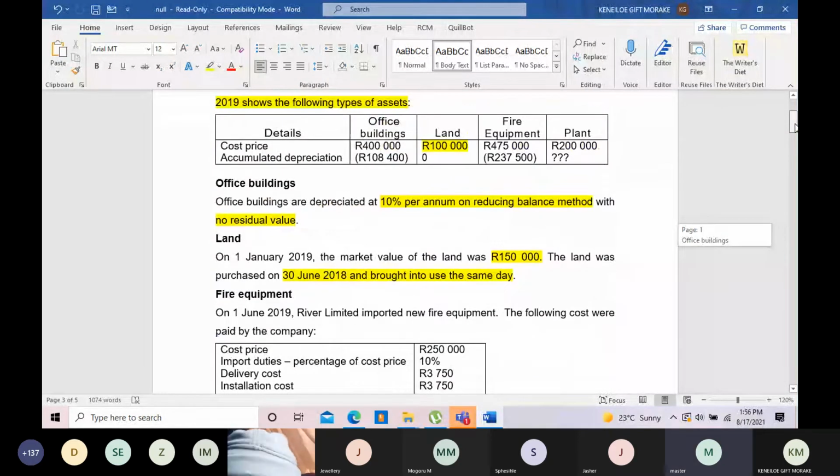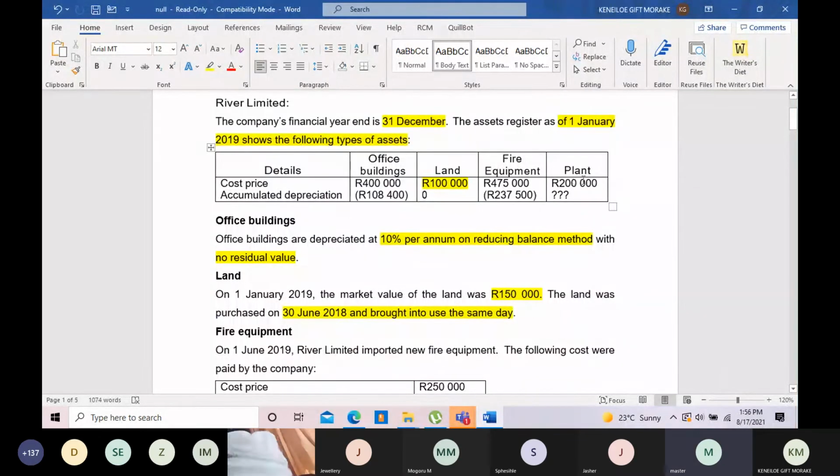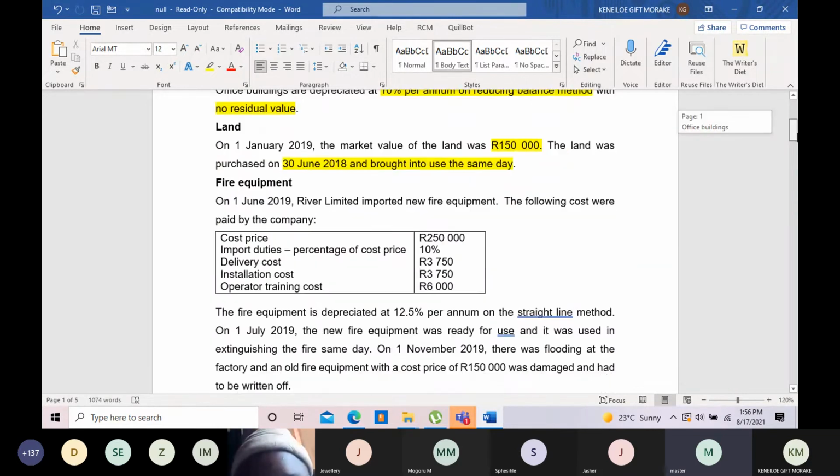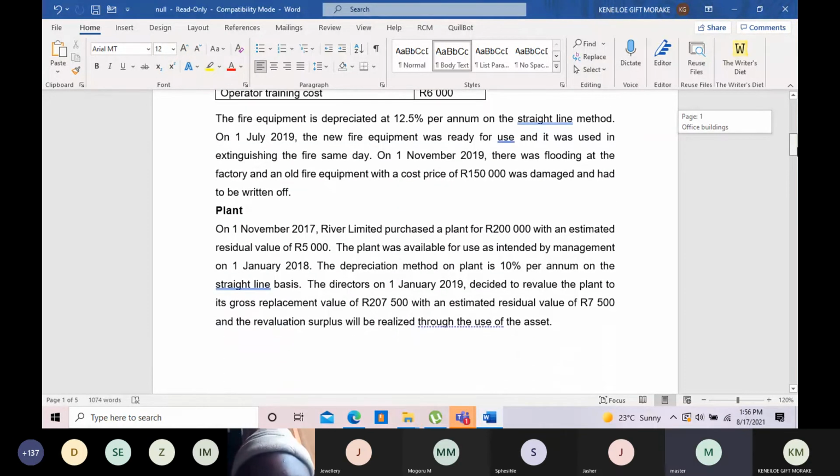You can see for plant, they gave us the 200,000, but never gave us the accumulated. We have 200,000 as the cost price. Then we have the accumulated depreciation for that plant. Okay, let's go there and check what is happening. But before we go, let's read the information down there. We might find something.